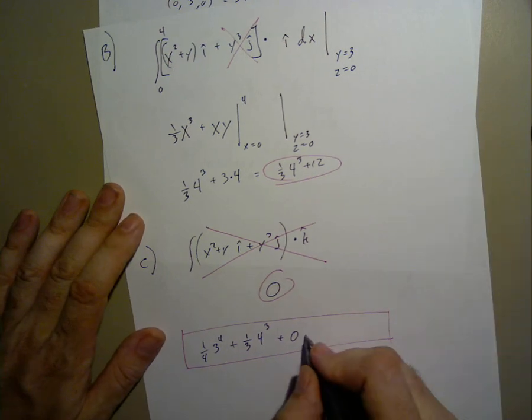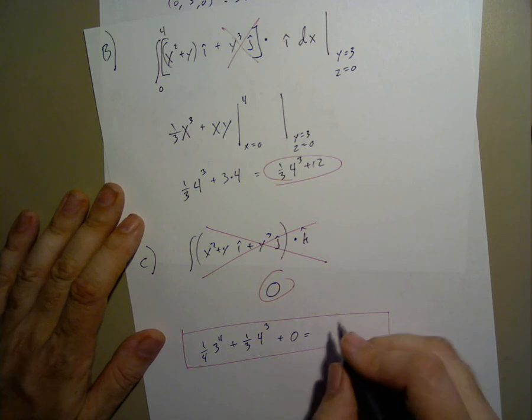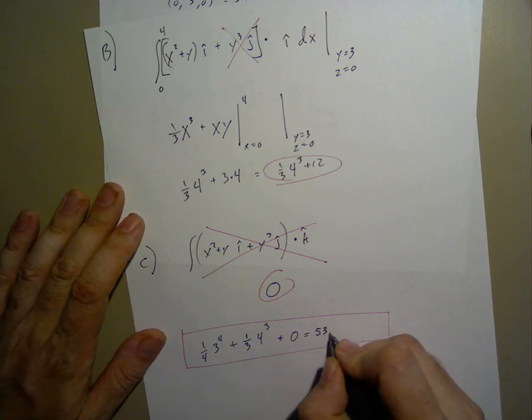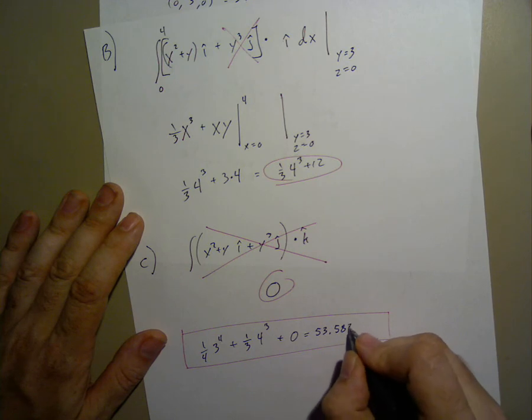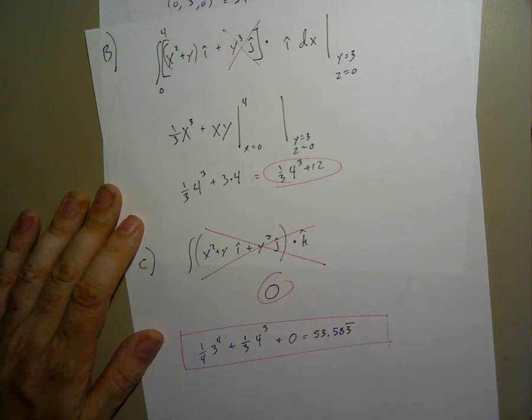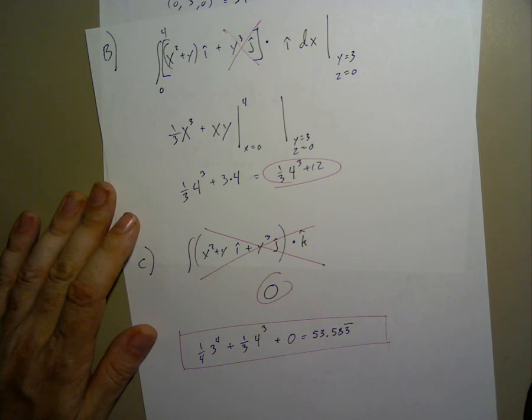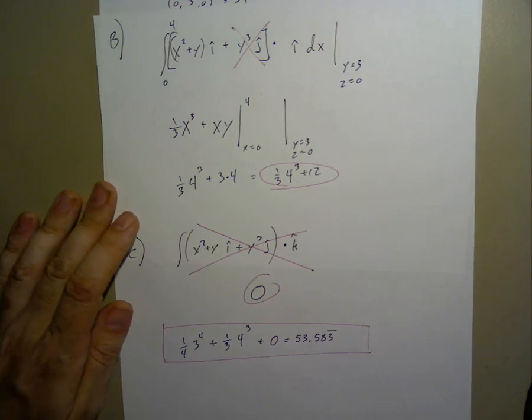If we evaluate this on a calculator, we'll find this is equal to 53.583. That is a scalar quantity and is what this line integral is equal to.